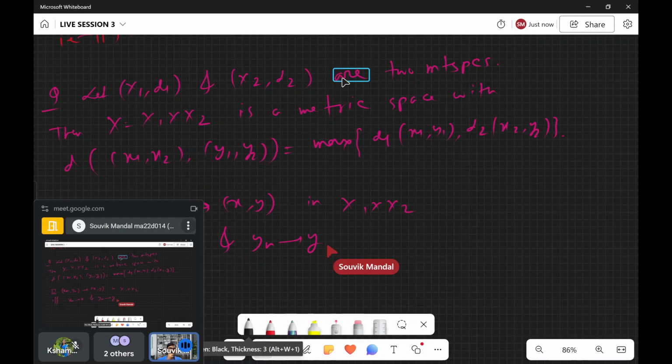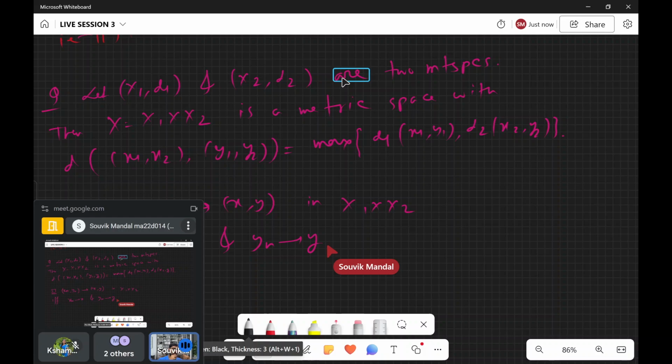Let me read out the question first. There are two metric spaces (X1, d1) and (X2, d2), and on the Cartesian product we can give a metric as the max of the distances. Now suppose there is a sequence (xn, yn) in X1 cross X2, and suppose the sequence converges to some point (x, y).